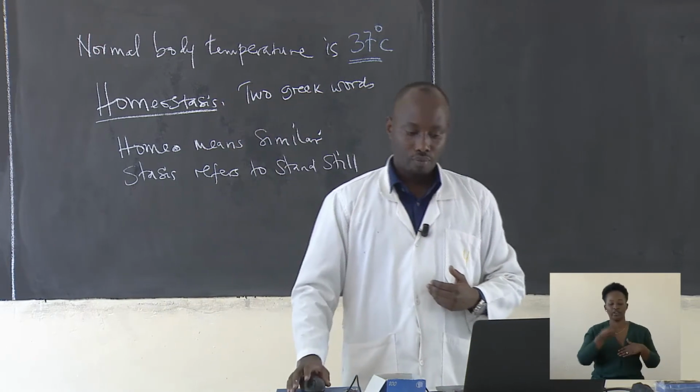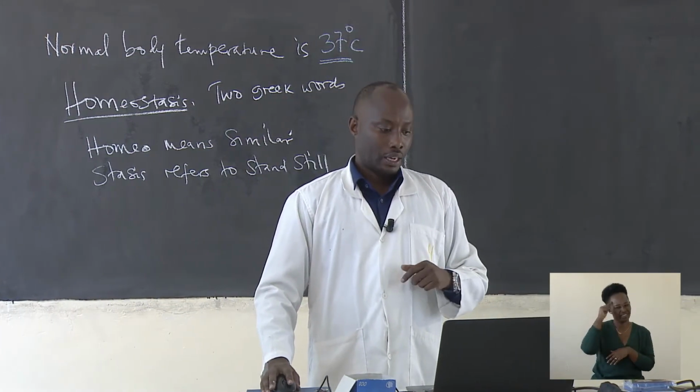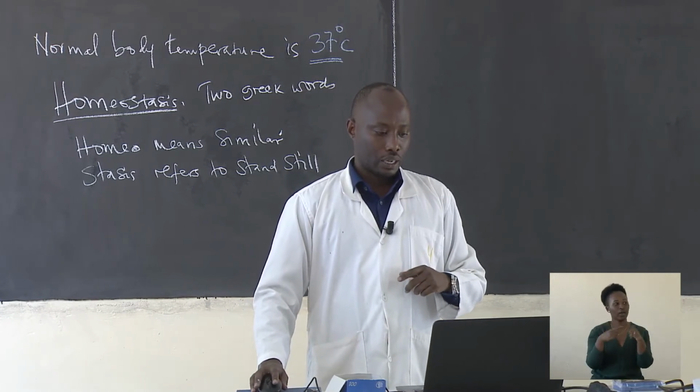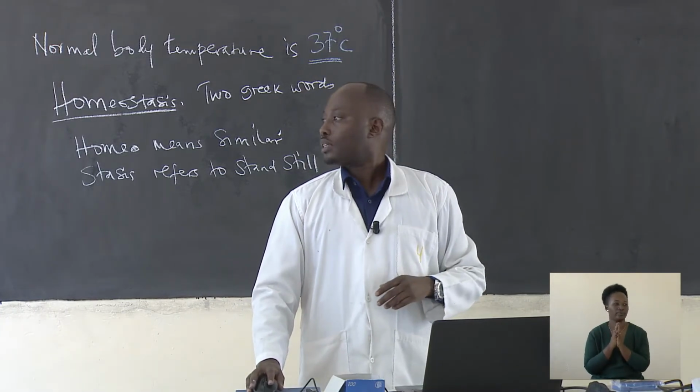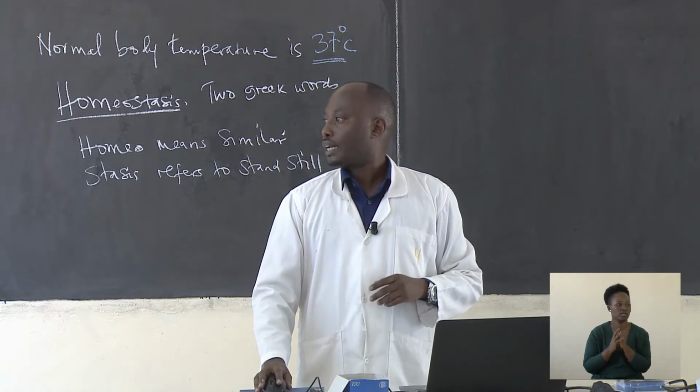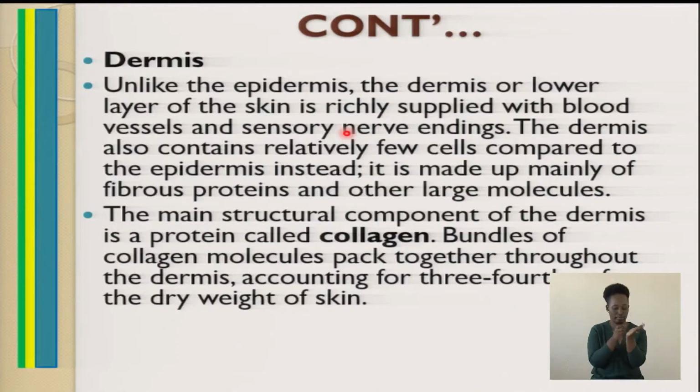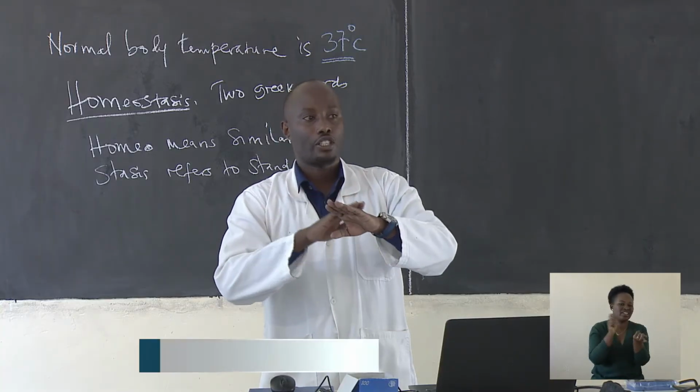Good. I think you are following me. Let's go on. The dermis is also supplied with sensory nerve endings. They are able to detect any change in the environment. That's why when someone touches you, you feel someone is touching you.